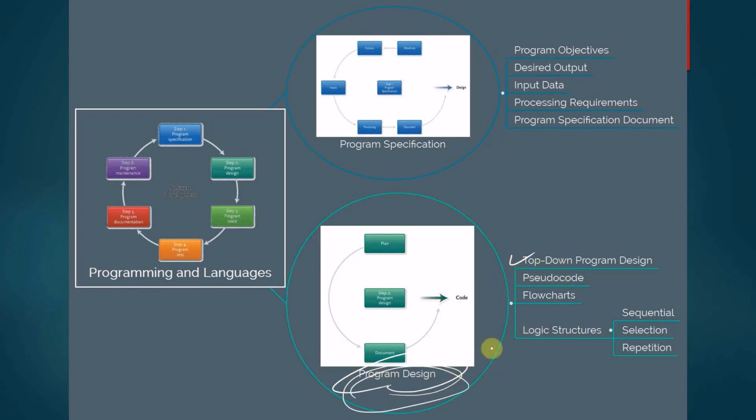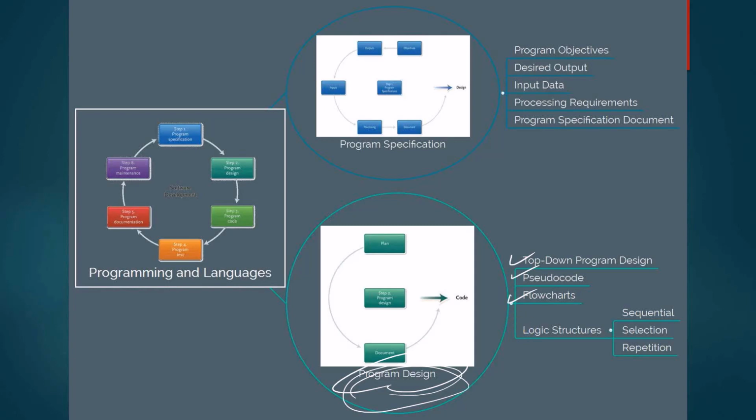Another technique under program design is what's known as pseudocode. This is where you outline in text the logic of the program that you would write. For instance, set total regular hours and total overtime hours to 0, get time in, get time out for a job, etc. We also use flowcharts.